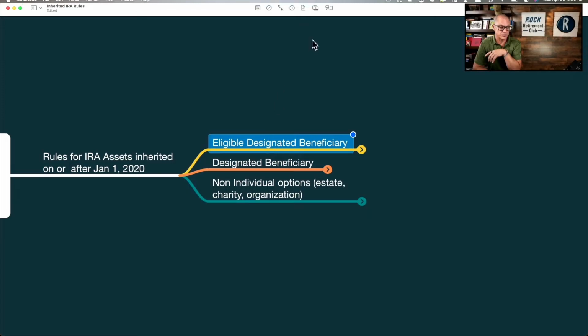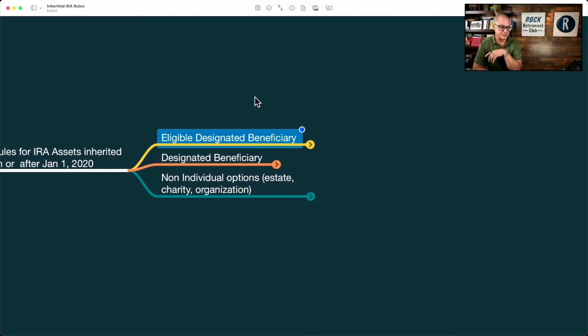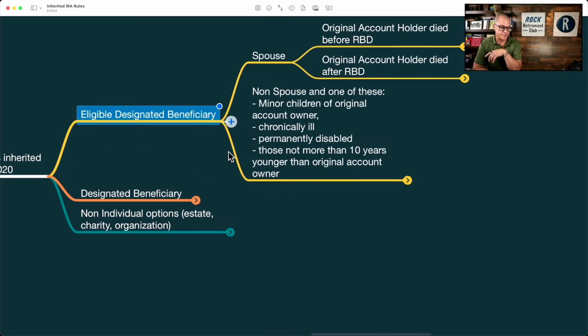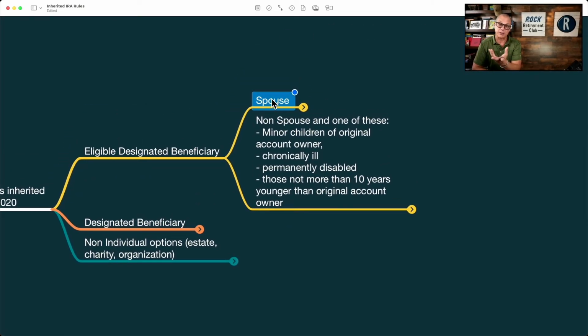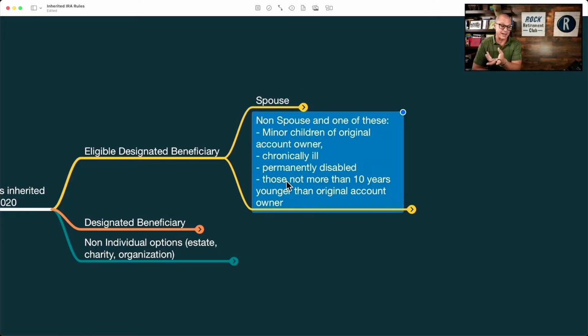So let's look at the first one, the eligible designated beneficiary. Who qualifies for that? That is either going to be the spouse or a non-spouse that fits one of these categories: a minor child of the original account owner of the IRA, someone that's chronically ill or permanently disabled, and there are definitions around that, so if you think you might qualify, you'd want to do some more research, or someone that is not more than 10 years younger than the original owner of the IRA.